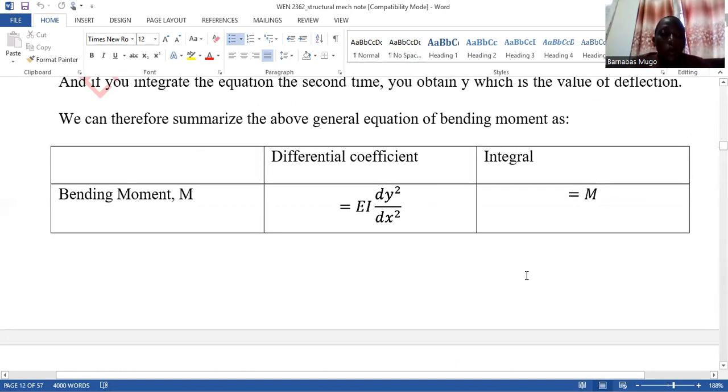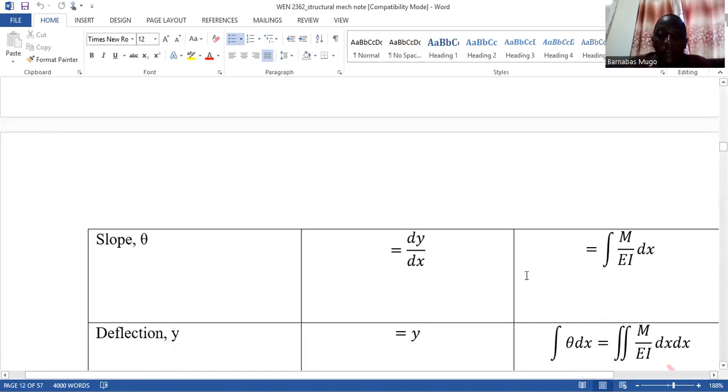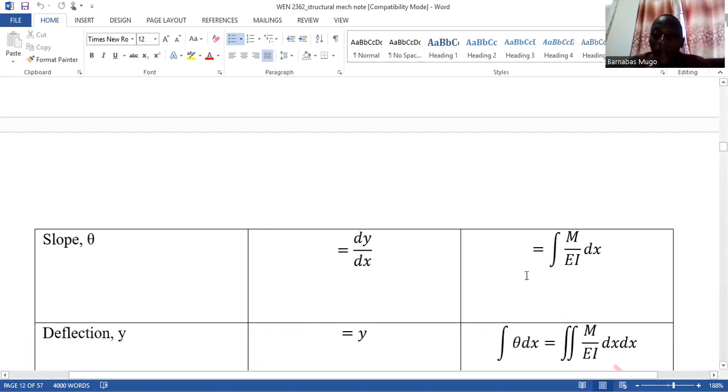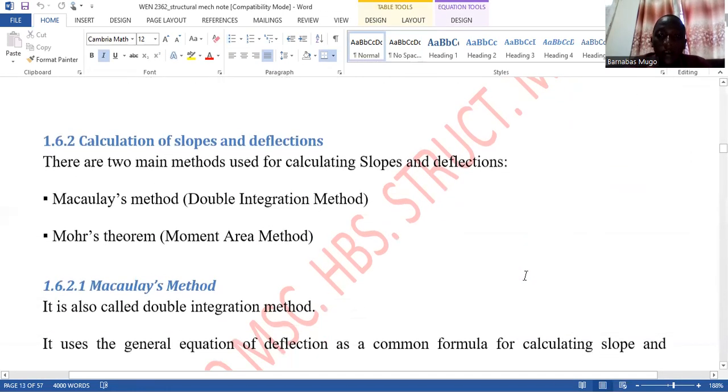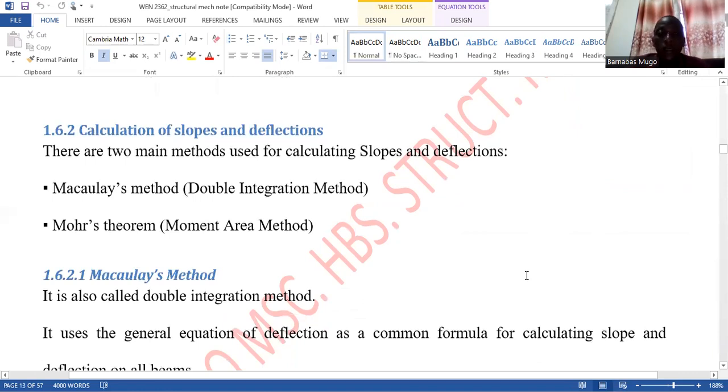But generally, we can summarize the equation as follows: the bending moment is going to be given by M, and the deflection coefficient will be EI d squared y over dx squared, and the integral will be M. The slope is going to be given by dy over dx, and deflection is going to be given by capital letter Y. I'm just going to give you the methods that are going to be used in calculating the slope and deflection.